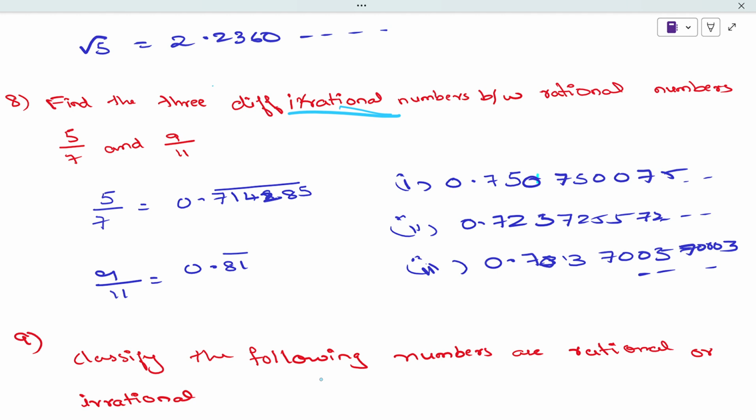So here I am taking 0.750750... It is not repeating like this, continuation it is not repeating, so this is an irrational number. You can take any irrational number that is not repeated. So between these two numbers we are writing these three irrational numbers.